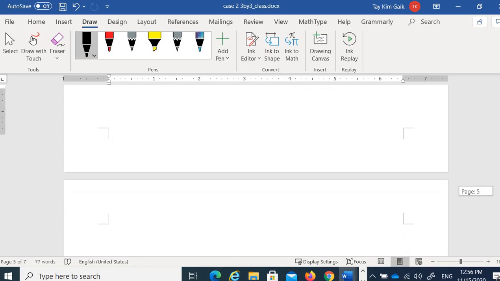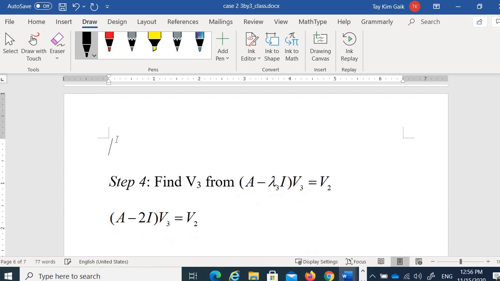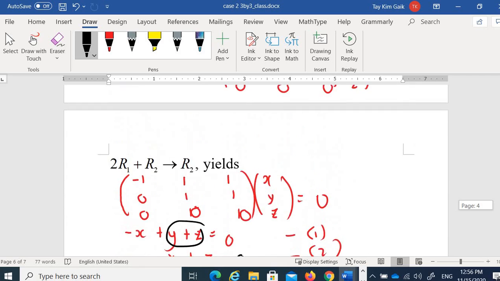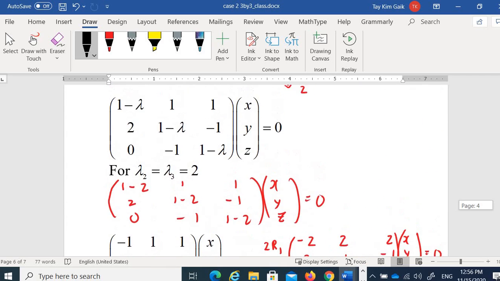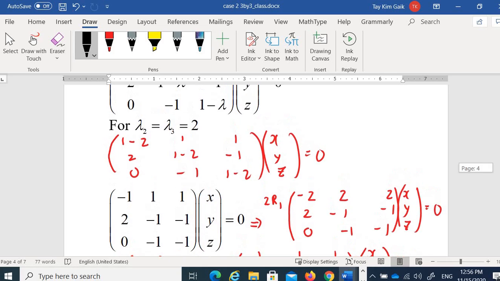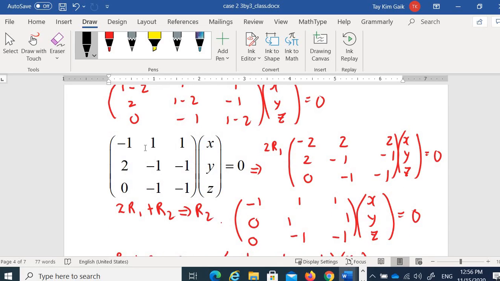To find v3, step number 4, you will substitute lambda 3, which is repeated, so it is also equal to 2. You substitute into (A minus 2I) v3 equal to v2. A minus 2I you have actually solved here; this part is (A minus 2I) v2 equal to 0.